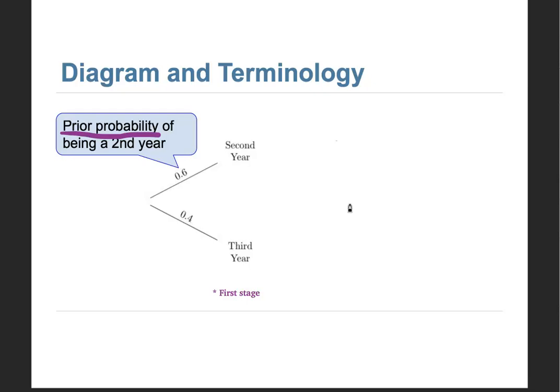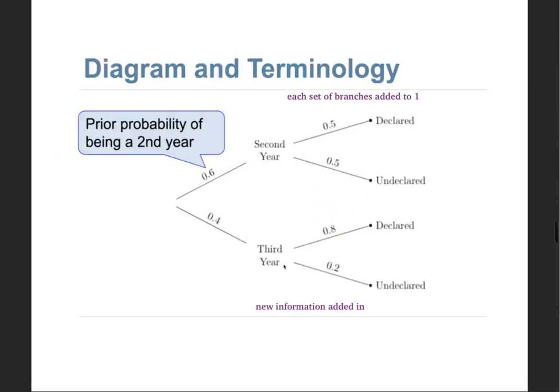So with more information, we just continue to add new branches to our tree diagram. Second year has 50% declare and 50% not declare, and third year has 80% declare and 20% not declare.